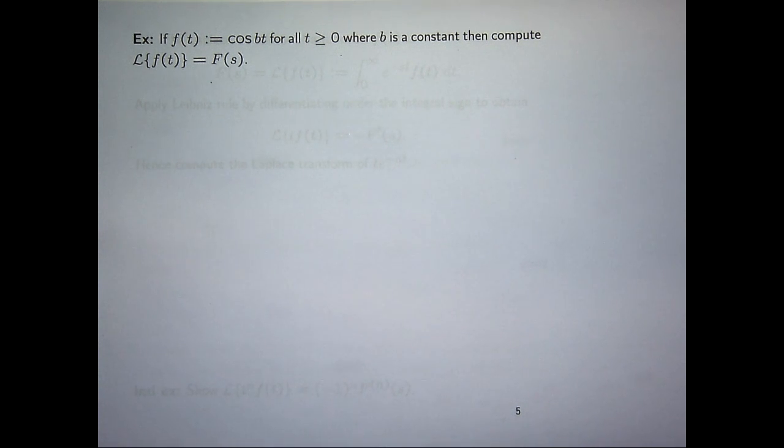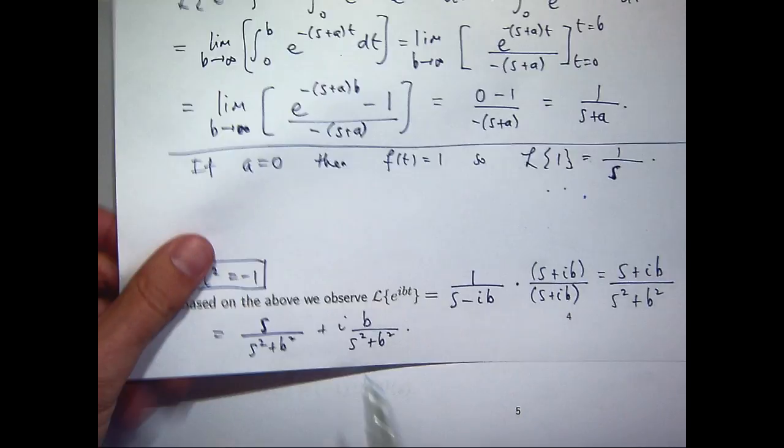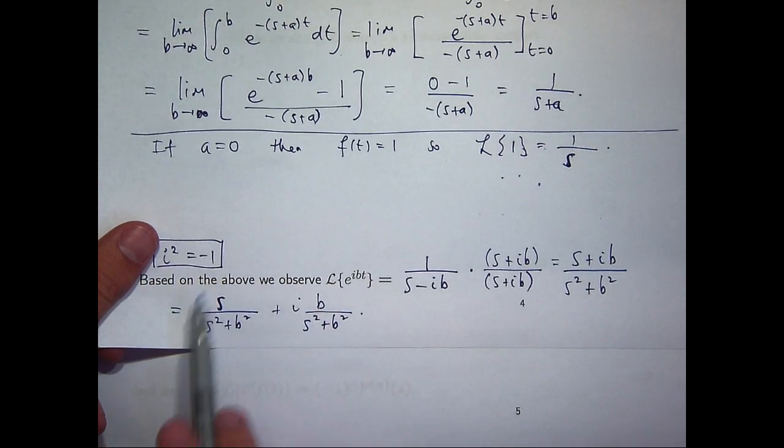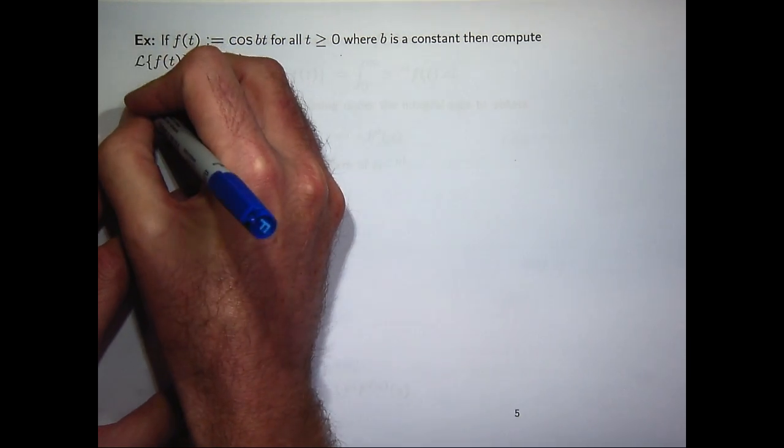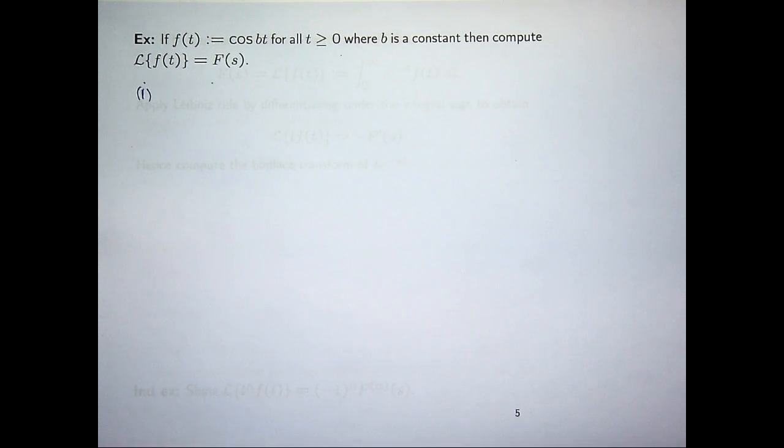So here's an example involving cosine bt. Compute the Laplace transform. I'm going to show you two ways to do it. You can use this, or you can use another, similar approach.